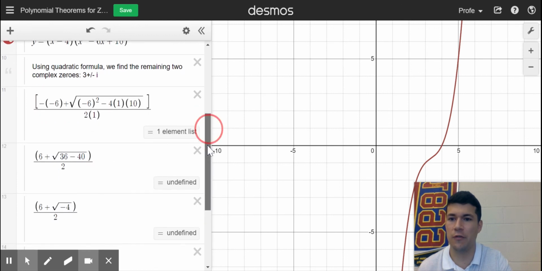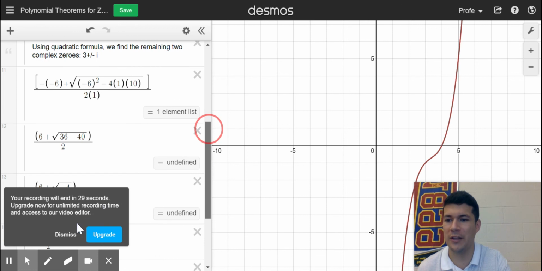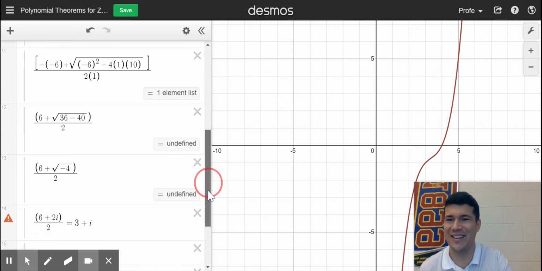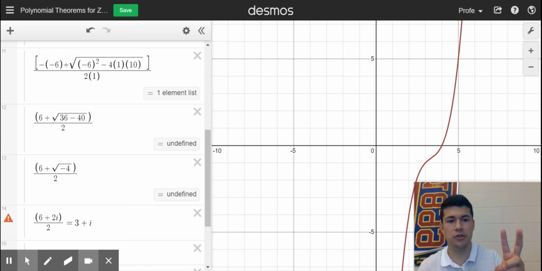Substitute this into the quadratic formula, which is opposite b plus or minus square root of b squared minus 4ac, all divided by 2a. And I will arrive at 3 plus or minus i. In Desmos, I just used plus, but it's really 3 plus or minus. So those are your remaining 2 zeros. They are imaginary zeros, 2 imaginary zeros, 1 real zero, and you have 3 total complex zeros.